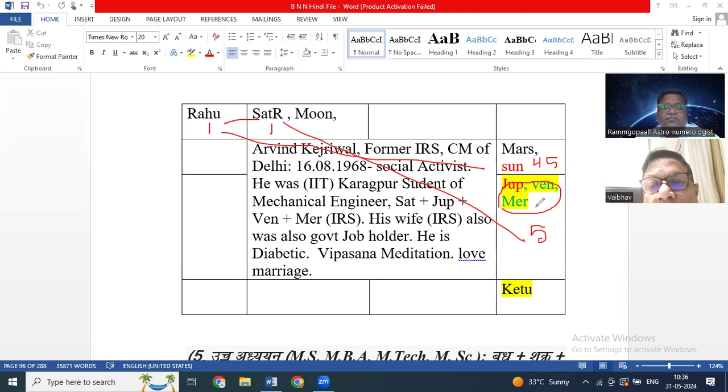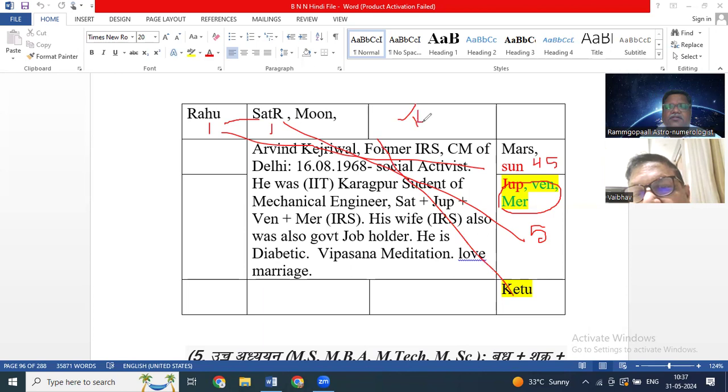And now, Saturn connected to the Sun denotes not only government job but politics also. He resigned his government job and entered into politics because Saturn is here in the 2nd house and Ketu is aspecting. Ketu's aspect is in the 2nd house direction.